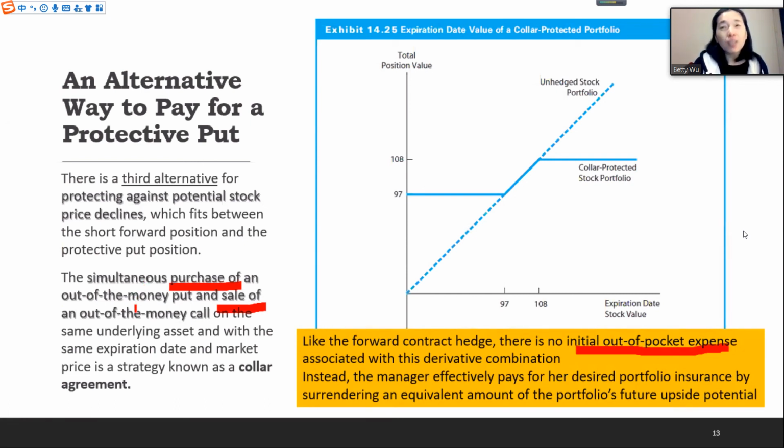But it's not really free because, although you can protect yourself from downside risk, in the meantime your upside benefit is capped if you're using a collar agreement. It's free, but you're losing this upside benefit if the price goes very high.